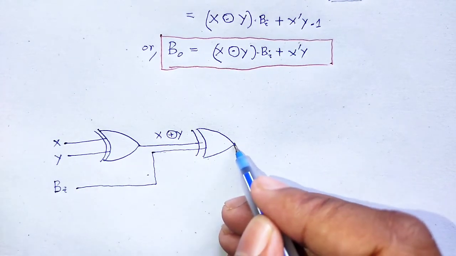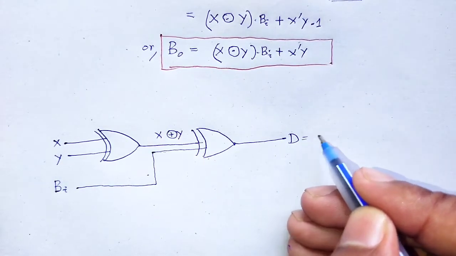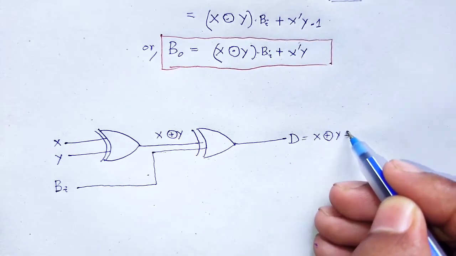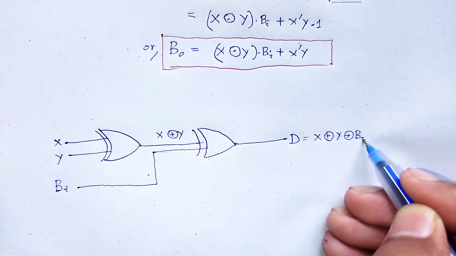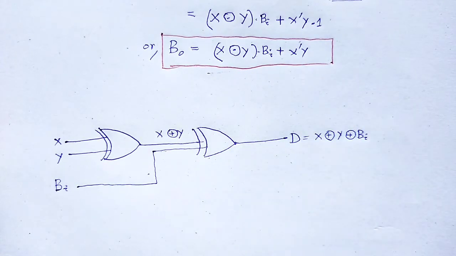Therefore at output we have D is equal to x XOR y XOR borrow input.